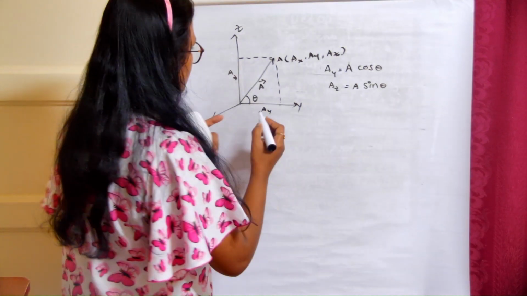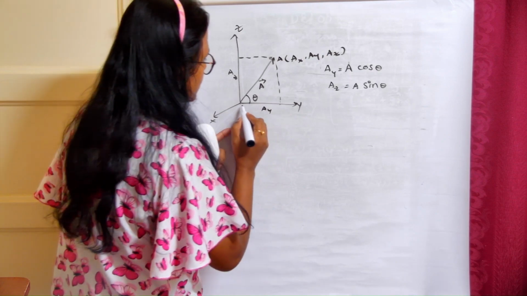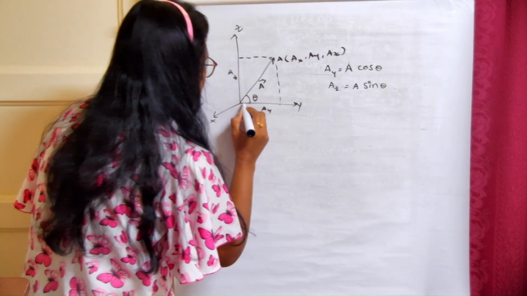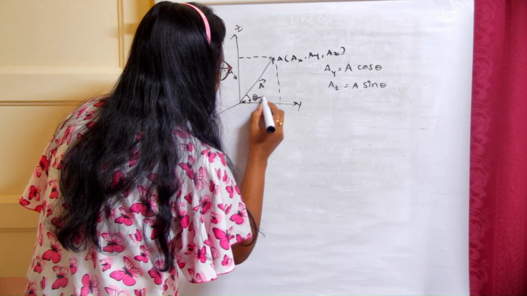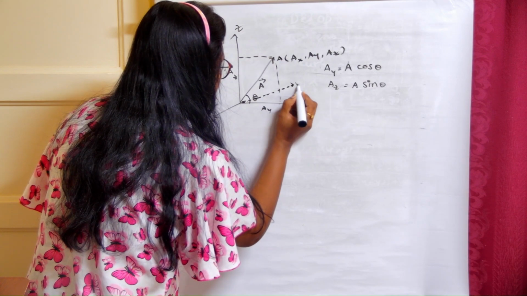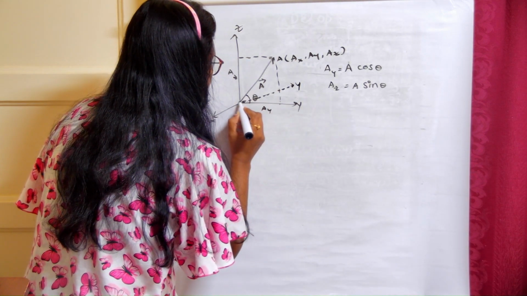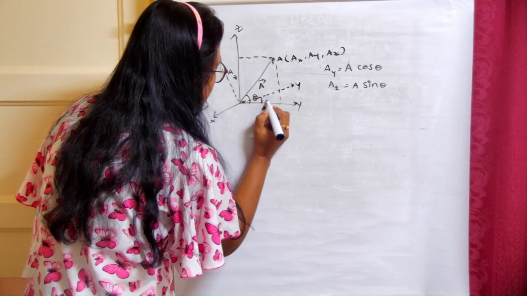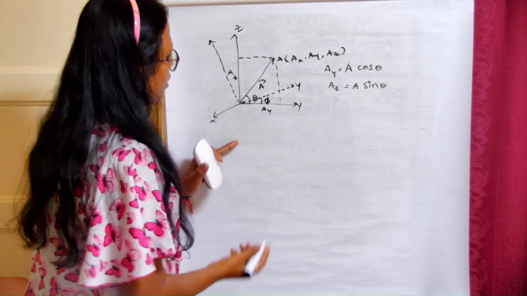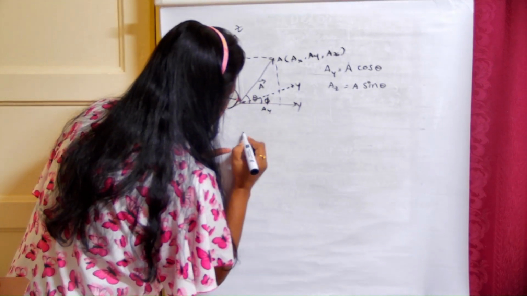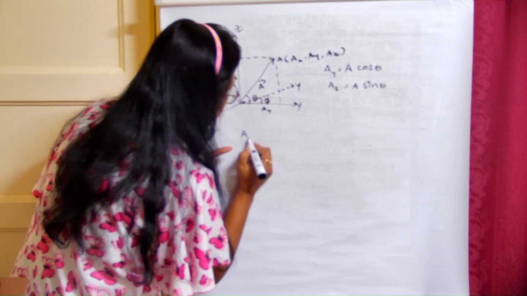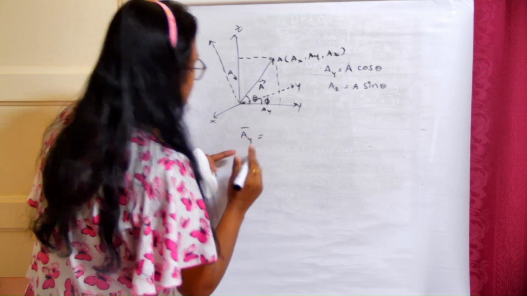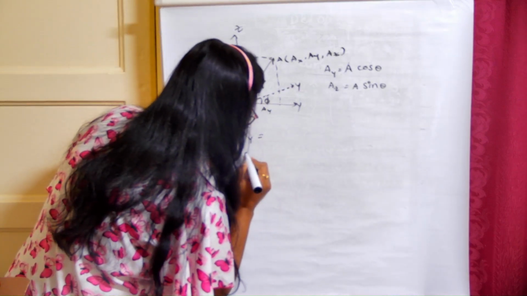So now just imagine that both y and z axes are rotated from their initial position with an angle phi. And let us suppose that the y component of the vector A bar will now be Ay bar, just to differentiate both the old and new components of the vector.